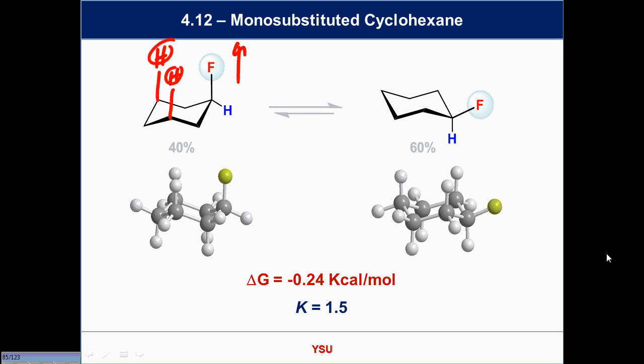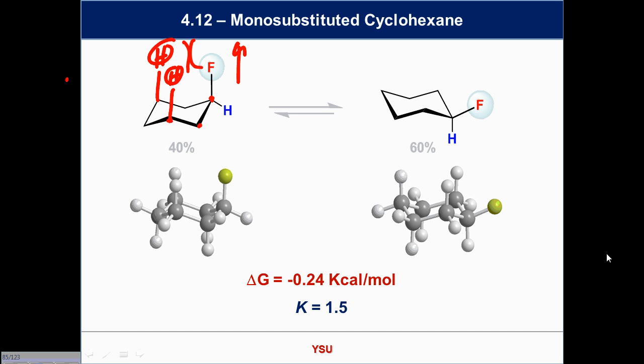Those atoms, which are 1, 2, 3 atoms away from the fluorine in this case, are going to get in the way. That's a problem. That does not happen when you have the group equatorial. Those hydrogens are not close enough. So when your large group is axial, you get this problem.